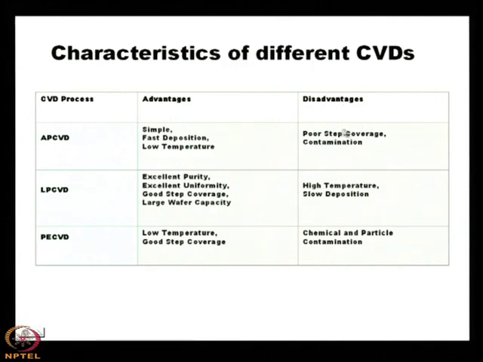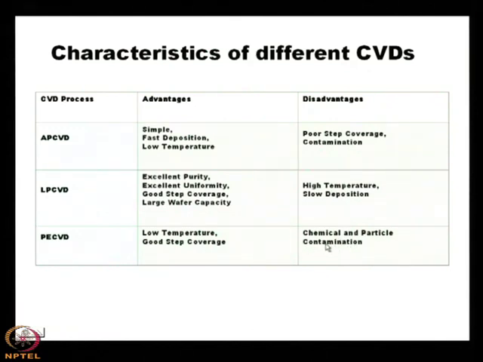But there are some disadvantages also. One disadvantage is that APCVD is very simple, but contamination is there because we work in atmospheric condition. In LPCVD the deposition rate is slow and also the temperature is high compared to APCVD. And for PECVD chemical and particle contamination is there.